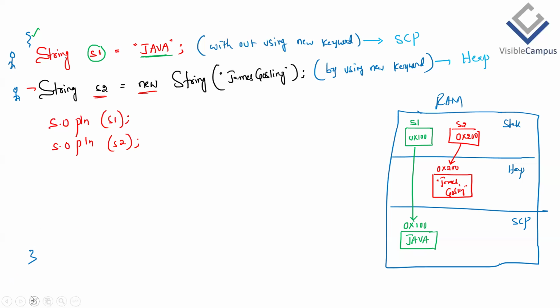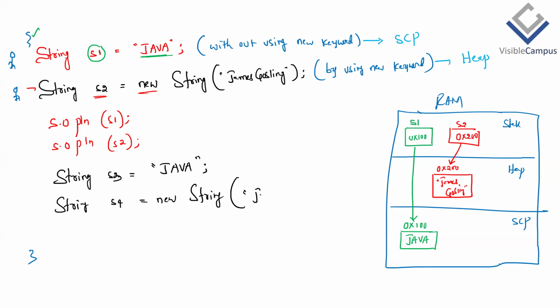Next, after these two lines of code, if I write once again, String S3 equals Java, exactly like before, case sensitive also. Then String S4 equals new String of Java in double quotes, then the semicolon.